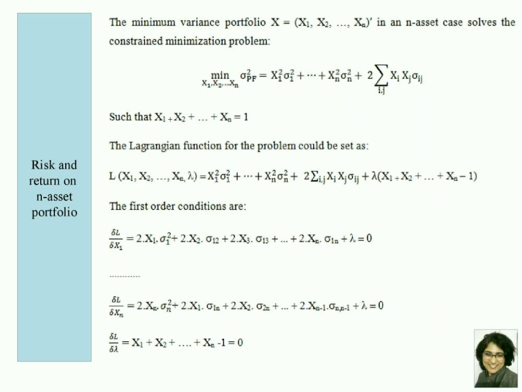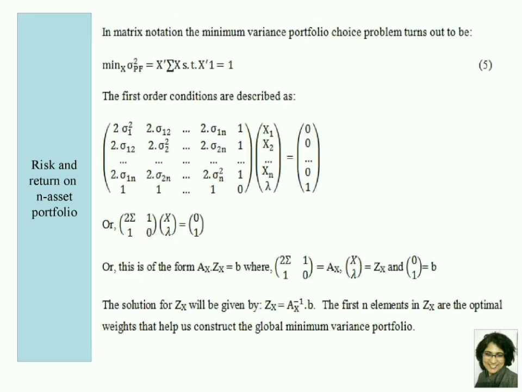Now in matrix notation, the minimum variance portfolio choice problem turns out to be: minimize the portfolio variance, which is equal to x transpose sigma x, subject to x transpose 1 is equal to 1. The first order conditions are given in the matrix format.